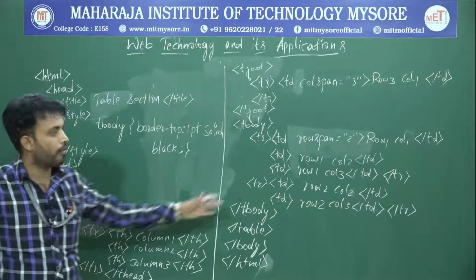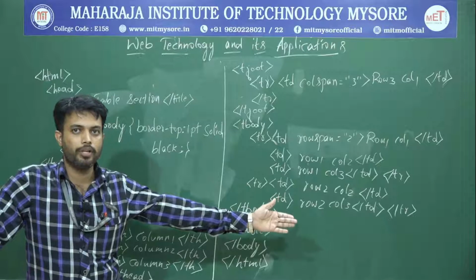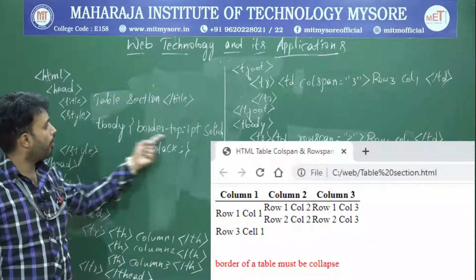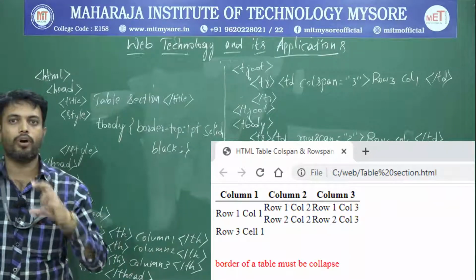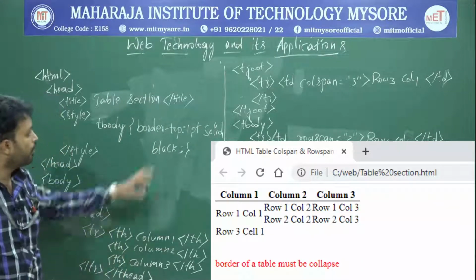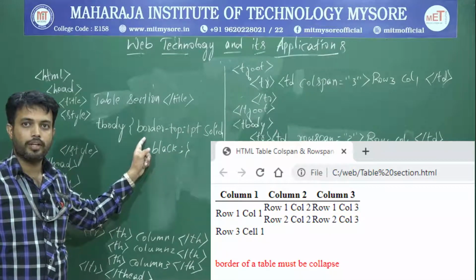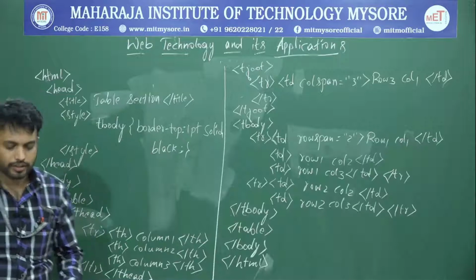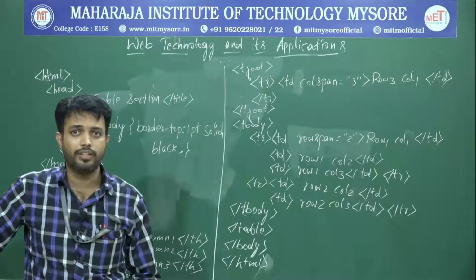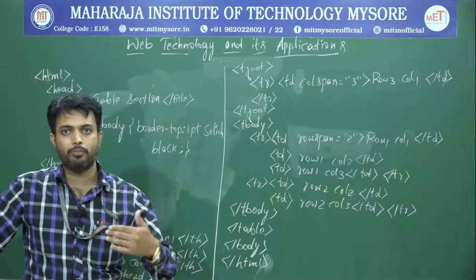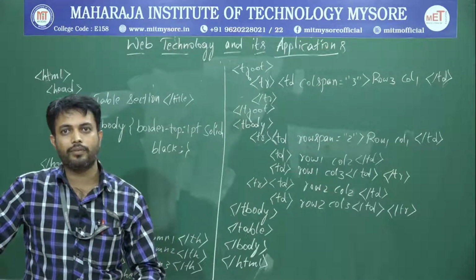If I run this program, you can notice the output. The top of the body appears with a 1 point solid black border. That is how we can use these sections to style the header, body, and footer in different styles.